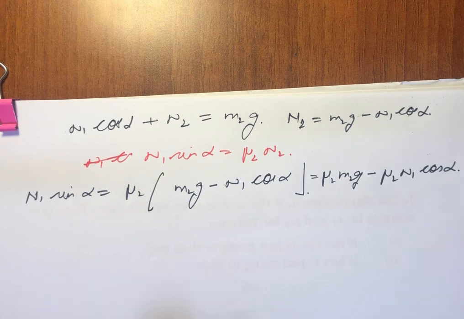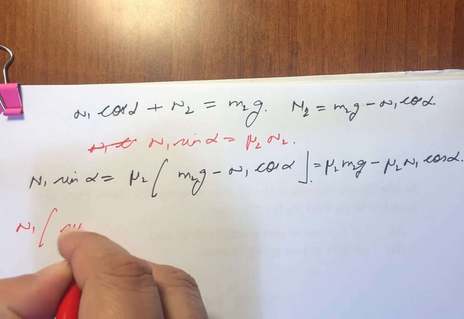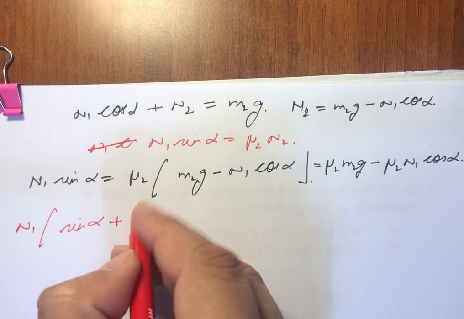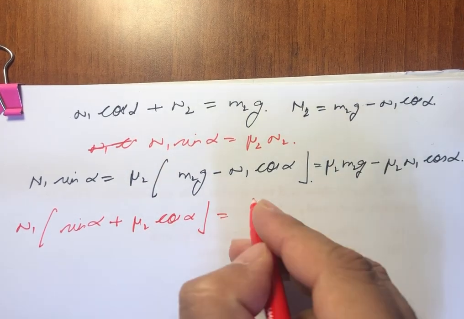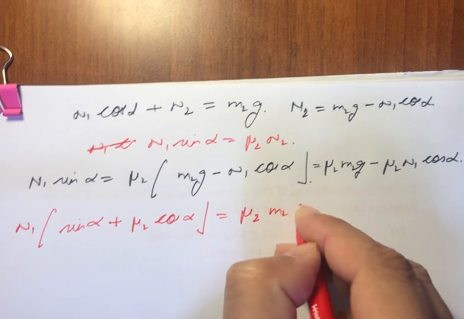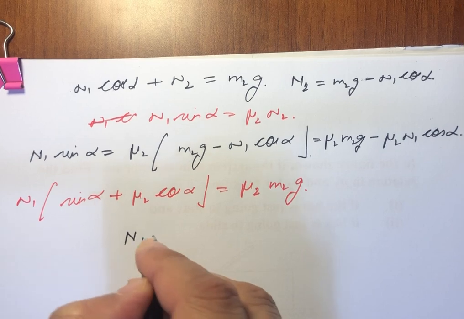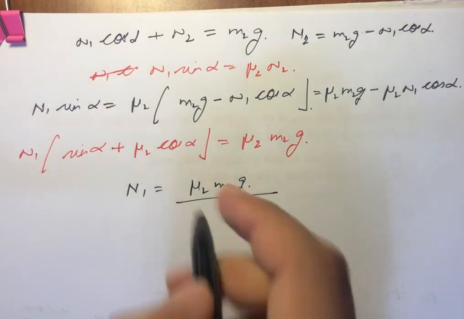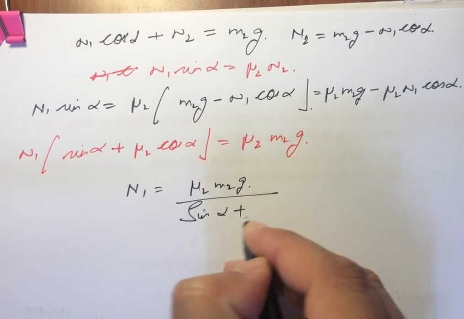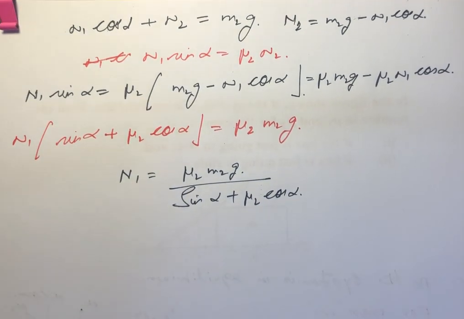Once again moving towards the left and taking n1 as common, we have n1 (sin alpha plus mu2 cos alpha) is equal to mu2 m2 g, and from here we can find out our n1 is equal to mu2 m2 g divided by (sin alpha plus mu2 cos alpha). So this was our case when they were in equilibrium.